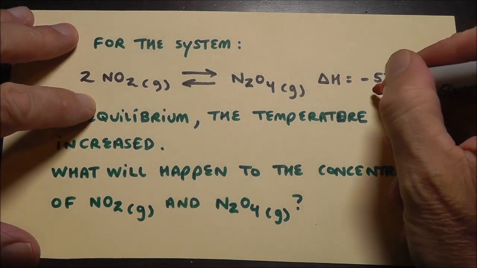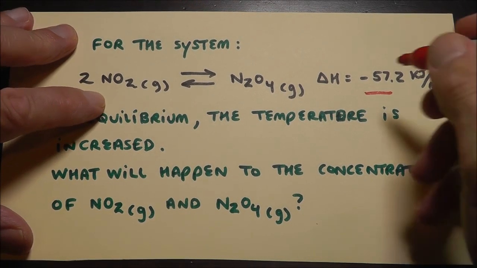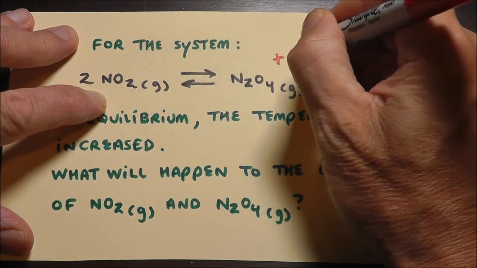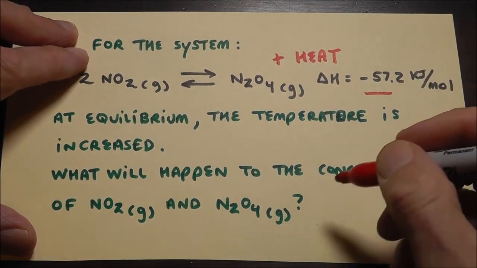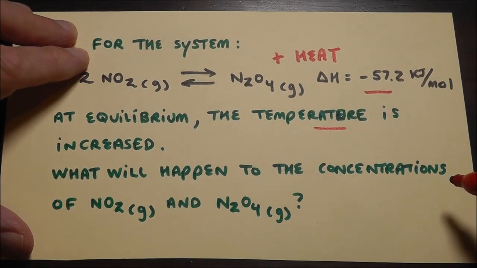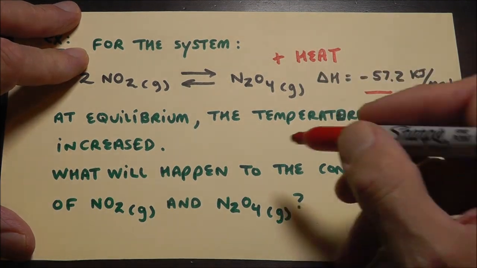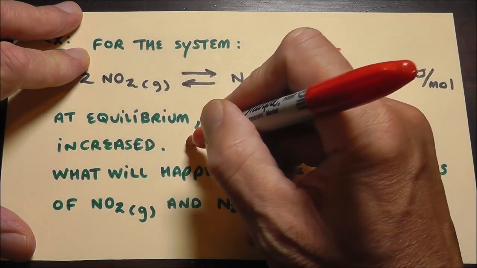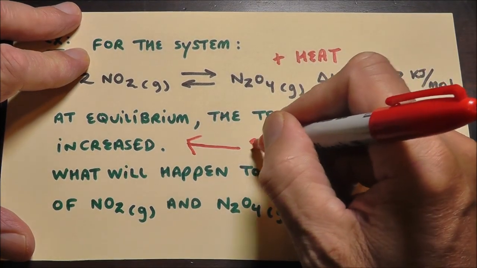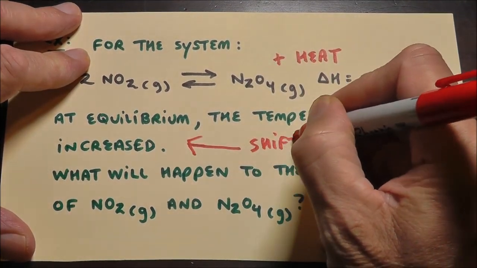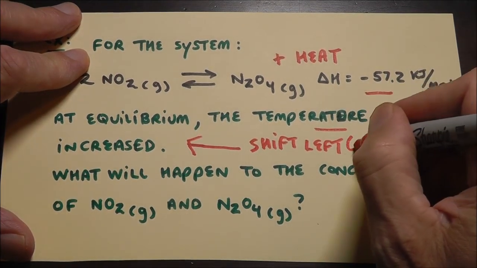Delta H negative means the system will have lost enthalpy, heat, and so that really makes heat like a product. So the temperature is increased. I'm going to add heat, and that, of course, will make the equilibrium shift to the left for this system, or shift towards reactants.